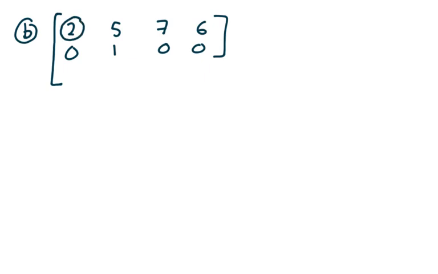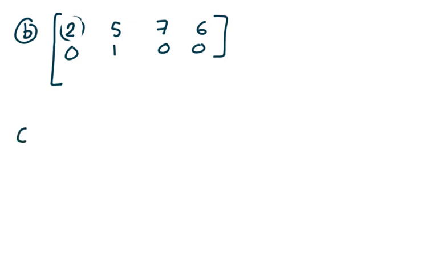The minute I change that number to a 1, this matrix would be in row echelon form. But because that entry was a 2, this matrix is not in row echelon form. And remember, it just takes one condition to fall apart.